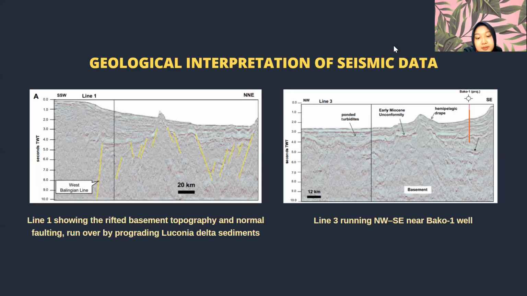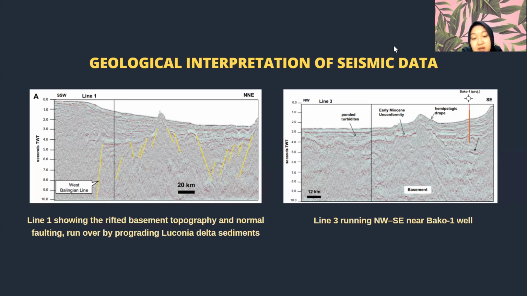The geological interpretation of seismic data. A seismic line across the area shows a rift basement with tilted fault blocks and half-graben arrays overlain by a seaward thinning sedimentary prism of relatively flat strata. From the left figure, the seismic data shows two main types of reflection characteristic facies.